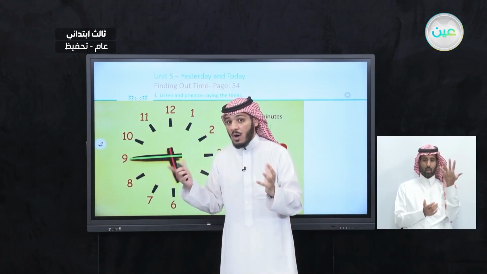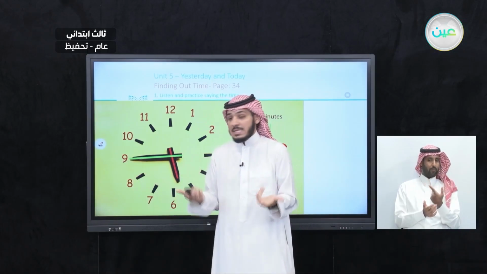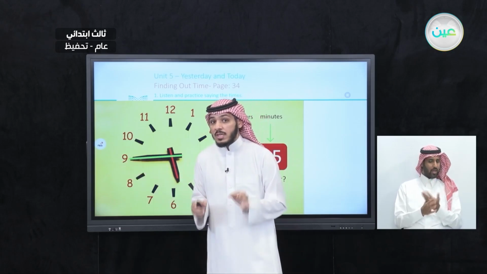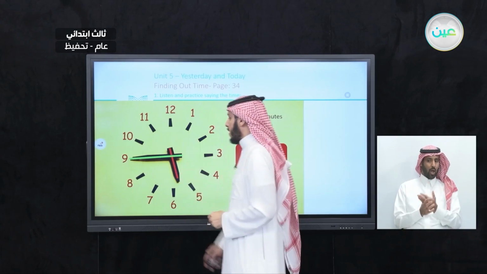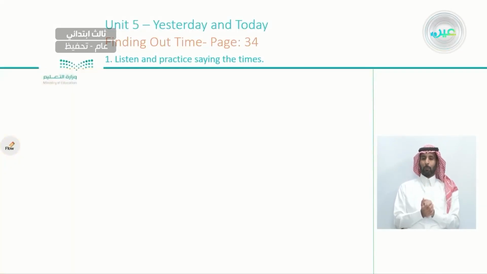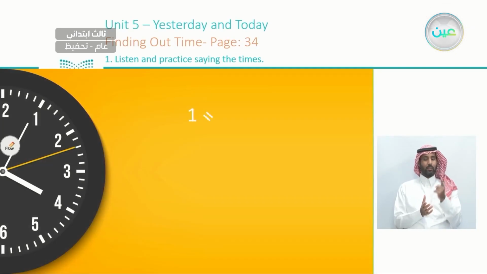How does it come to 45? Why is it not 9? We have 9 here, but we say 45. Why? Let's see. Look here. We have small lines here.